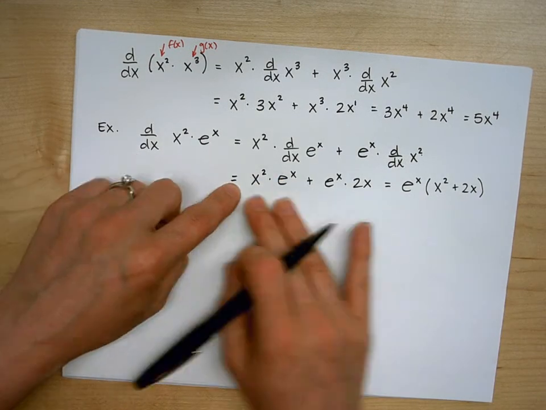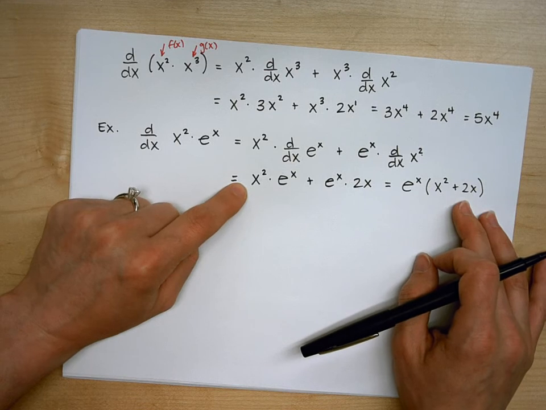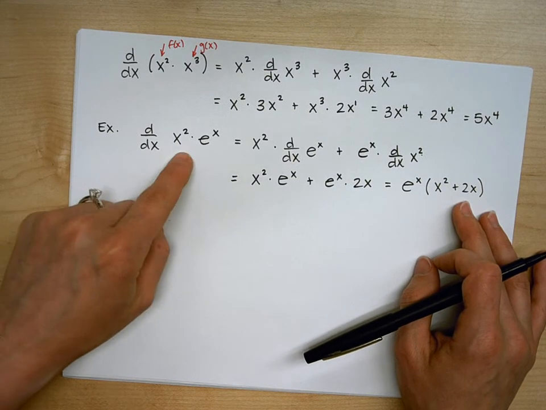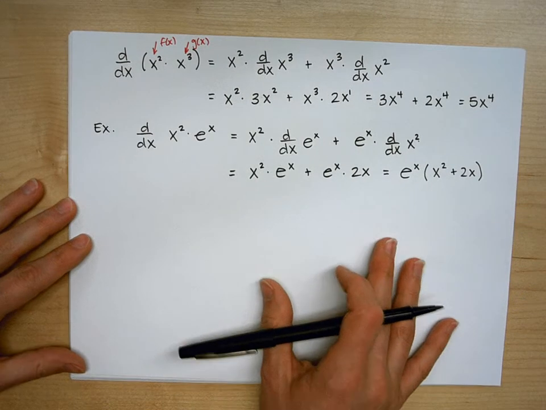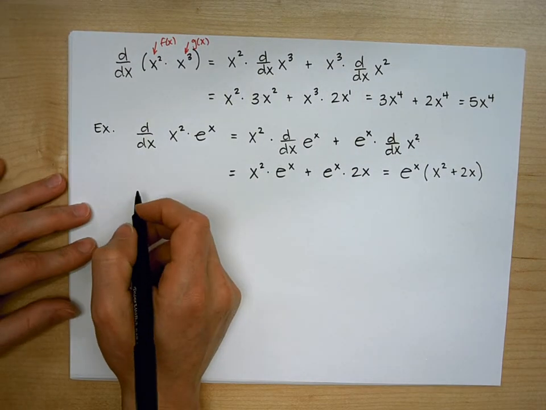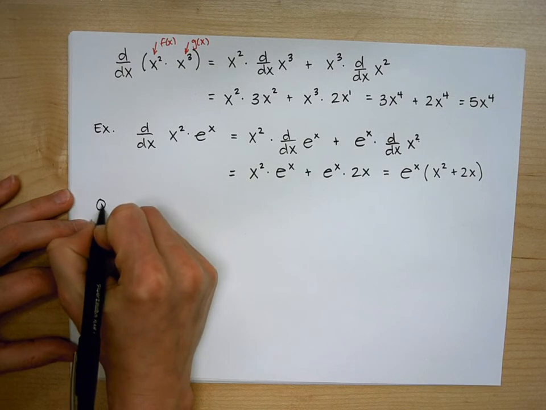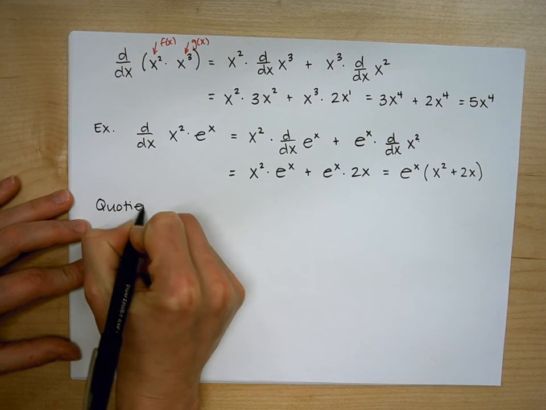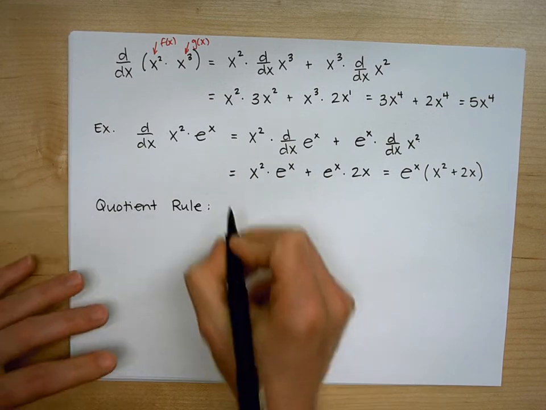We've found the derivative. If we wanted to now, we could plug in a number, and that number would tell us what the slope of the tangent line is for that function at that particular point that we're plugging in. Okay. All right, so if there's a product rule, then you can probably assume that there's also a quotient rule, and there is. So I'm just going to go ahead and tell you what the quotient rule is.